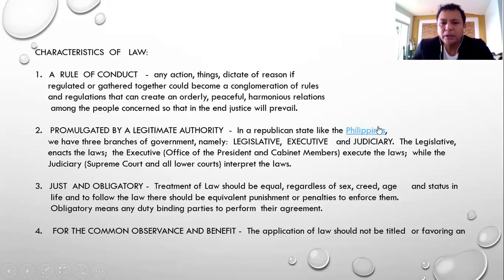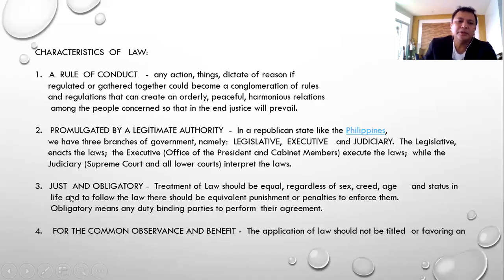On the other hand, the judiciary, which is composed of the Supreme Court and all the other lower courts, is mandated to interpret the laws. So only the judiciary can interpret the laws. The Supreme Court has the power to rule a law as unconstitutional and decide that it is null and void. It is only within the powers of the Supreme Court.